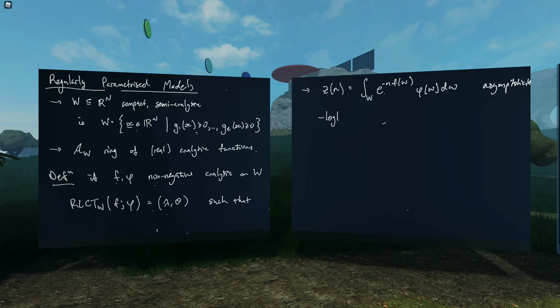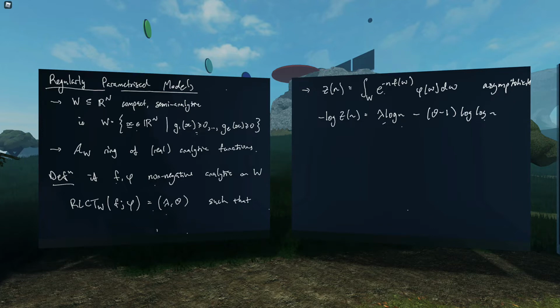The minus logarithm of Z_n will be lambda log n minus (theta minus 1) log n.